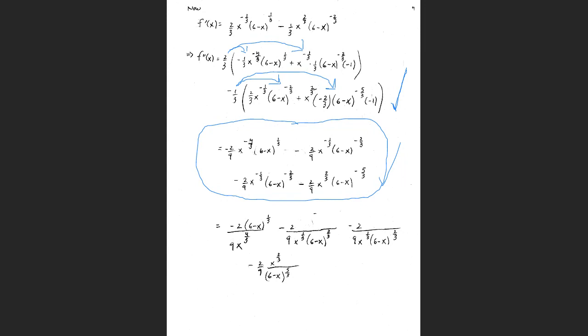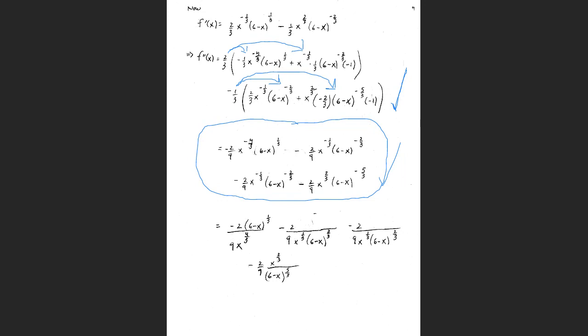Obviously, I want to rewrite the second derivative, but I want to rewrite it with what? Think about the exponents.